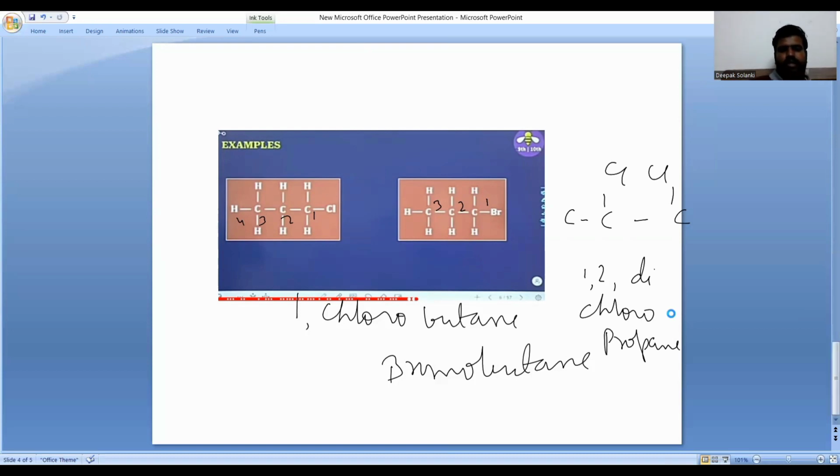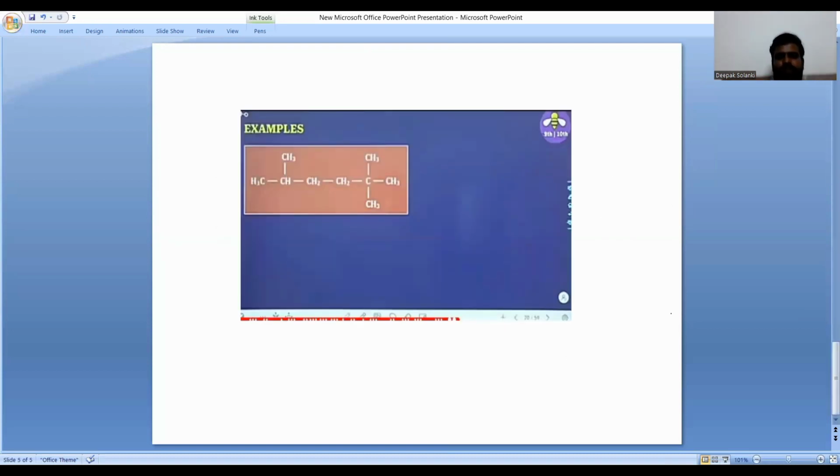Next and last example is a typical one. You can count the longest chain: 1 2 3 4 5.